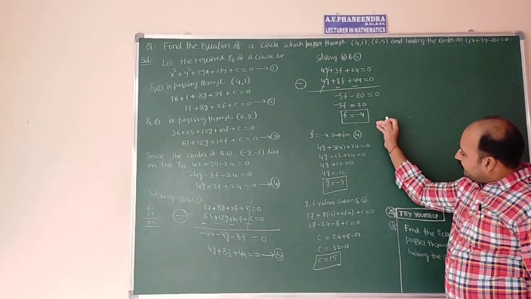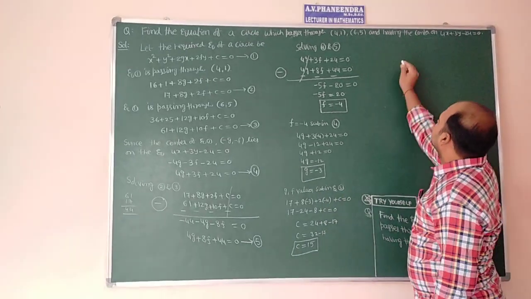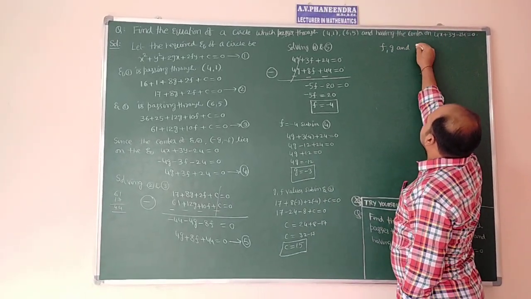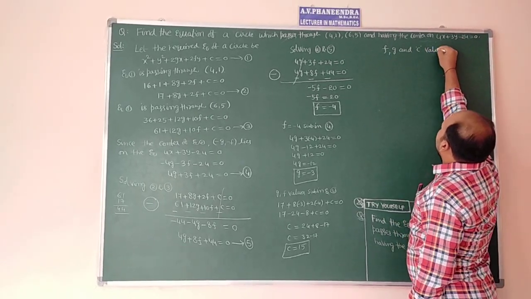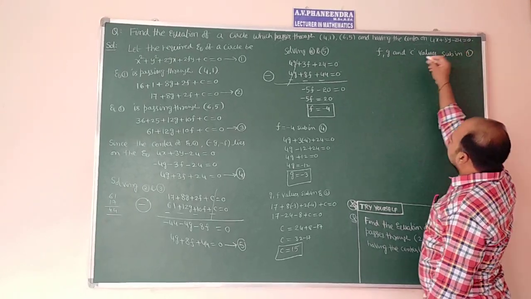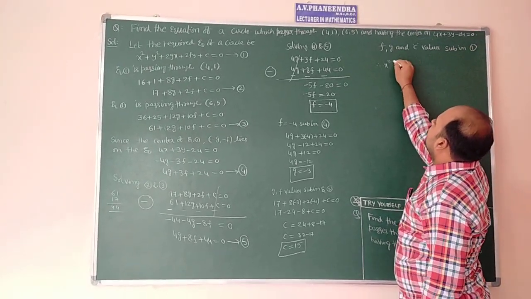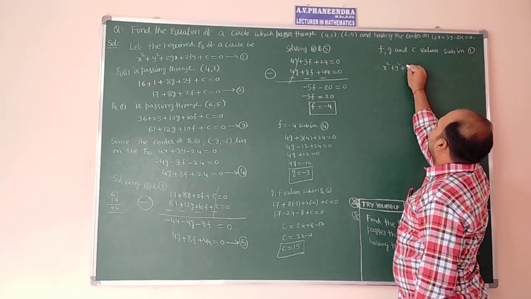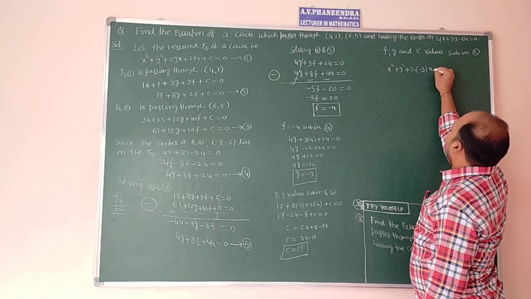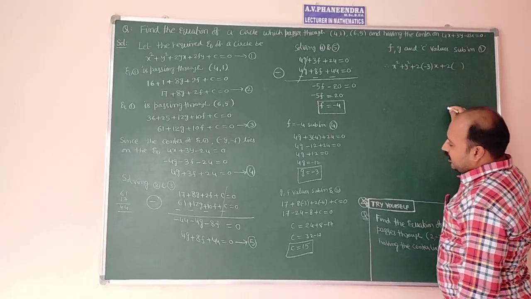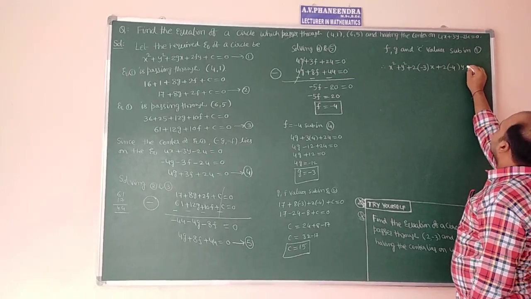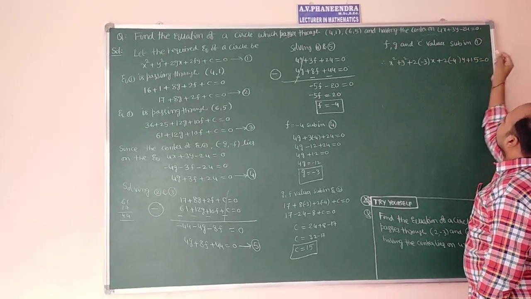Now f, g and c values substitute in equation 1. x square plus y square plus 2 into g value, which is minus 3, into x plus 2 into f value, which is minus 4, into y plus c value, which is plus 15 equal to 0.